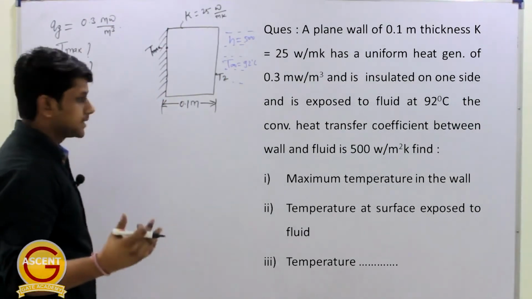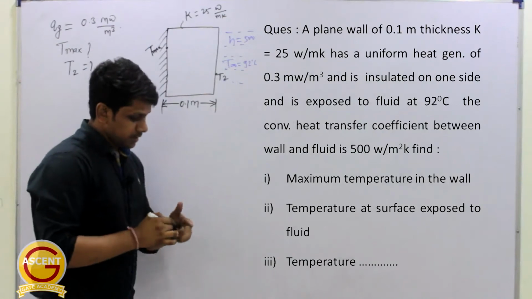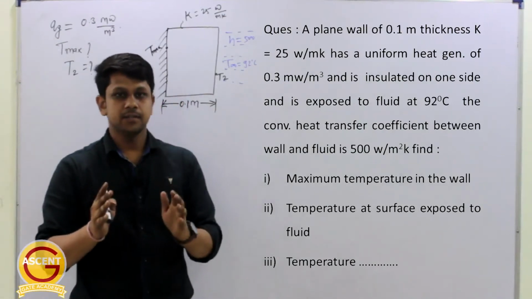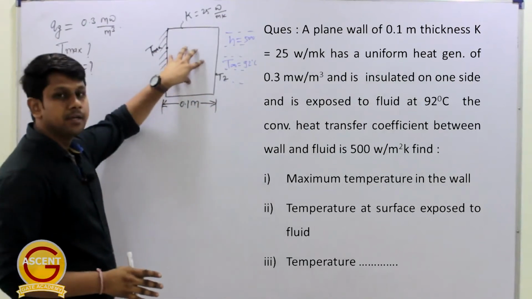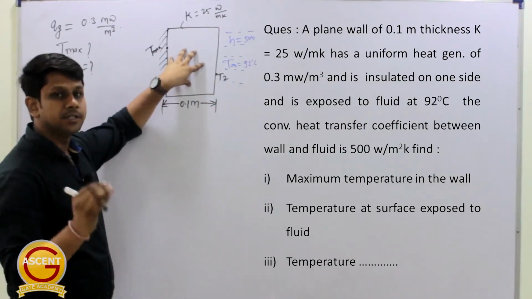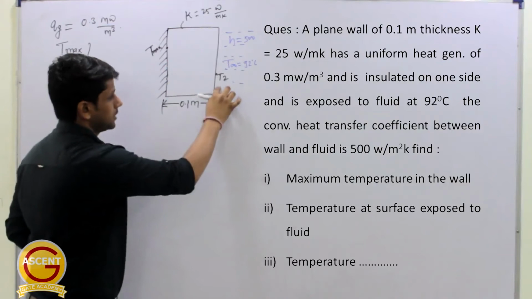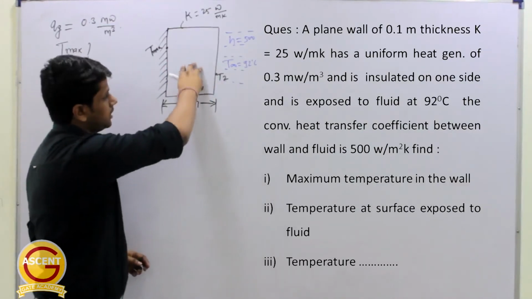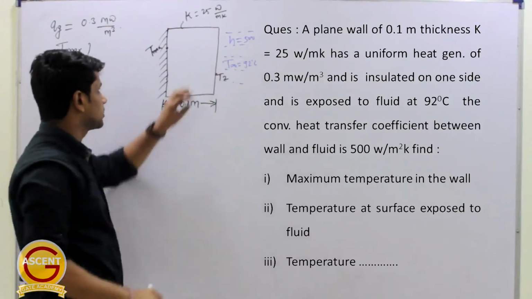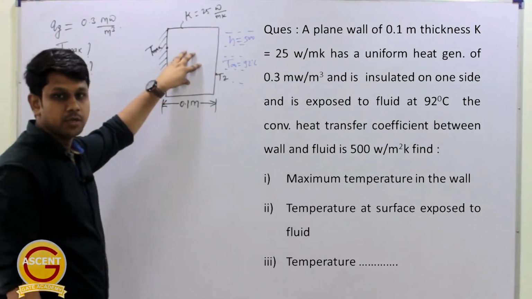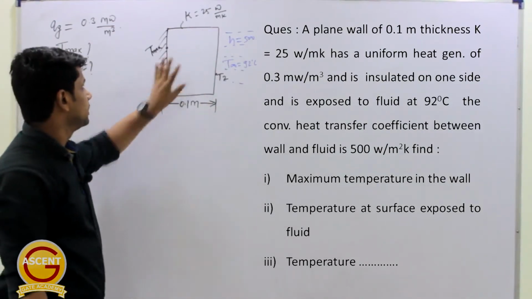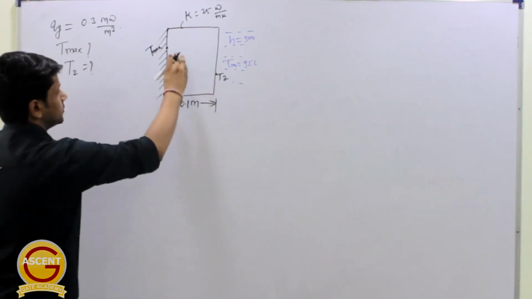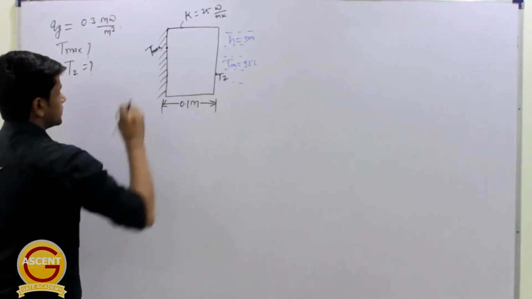So as we have discussed, in the case in which one phase is insulated, whatever heat is generated in this plain slab should leave from this right phase only, right? So whatever heat is generated, it will leave from the right phase only because the left phase is insulated, correct?